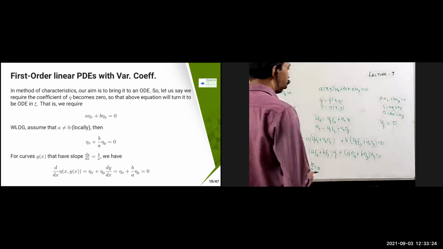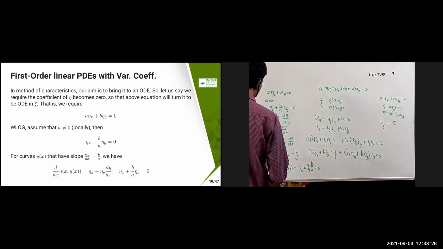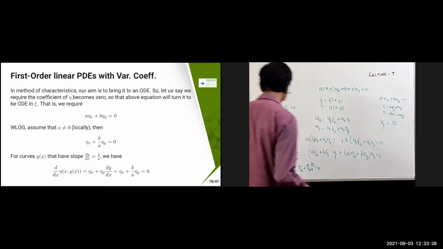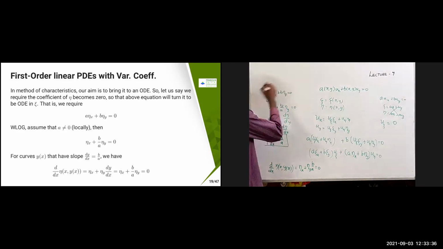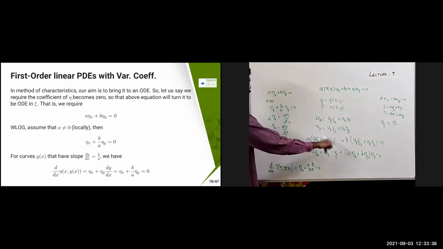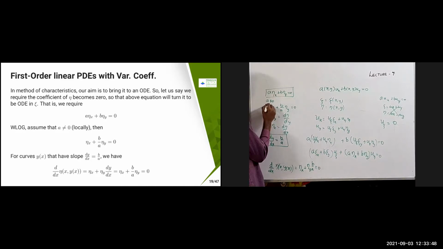Now forget about this one. What I'm going to consider is the slope of the curve, with this coefficient dy by dx. I need to solve this problem. In order to solve it, I am assuming a eta x plus b eta y equal to 0, with a not equal to 0. Now I have obtained this equation, eta x plus b by a into eta y.